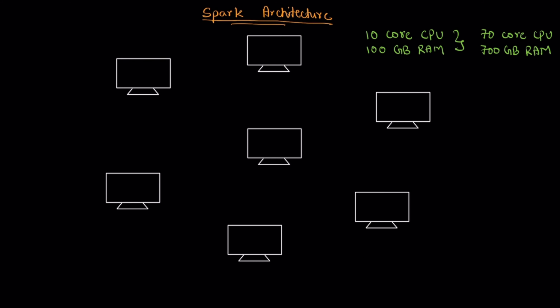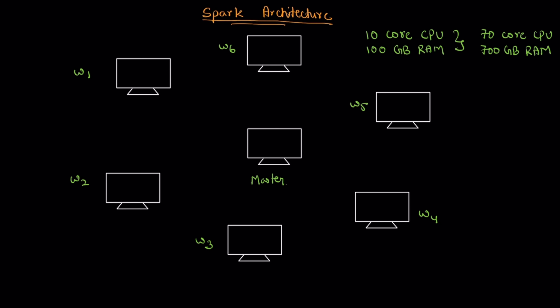But out of these 7 computers, one would be a master node. So let's say this one is the master node. The rest would be the worker nodes. Let's say these are worker nodes W1, W2, W3. So we have 6 worker nodes and one master node.